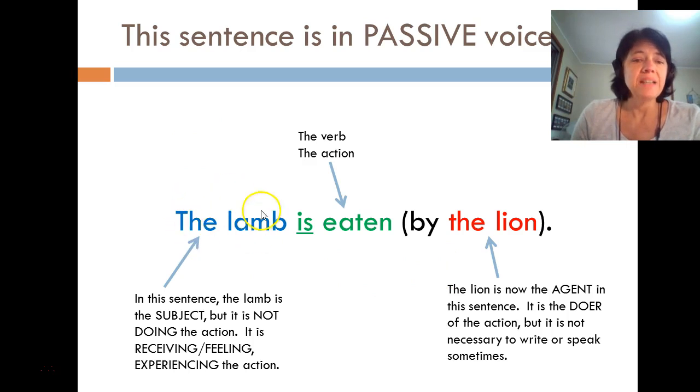The lamb is now the subject, but remember this subject now is not doing the action, it is receiving or experiencing the action. The verb is now in passive voice, form of be plus past participle. The lion is now called the agent. So if you go to a grammar book, it is called the agent. The lamb is eaten by the lion.